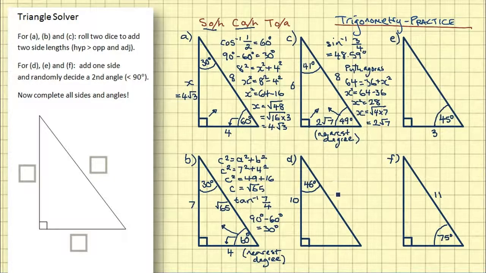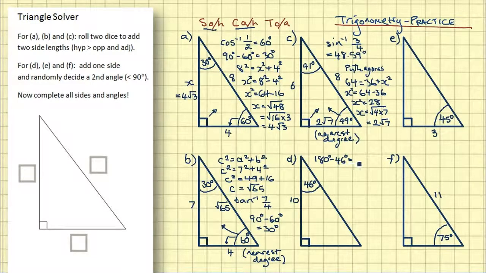Let's complete these examples then. So for D, I've got 46 degrees, I've got a side length of 10, and of course I've got my 90 degrees for my right angled triangle. So what can I do first? Well, first of all, I can complete my angles, because I know that the angles of a triangle sum to 180 degrees. So 180 degrees minus 46 gives me 45, and 45 gives me 90, so I know that 44 and 46 is going to give me 90.